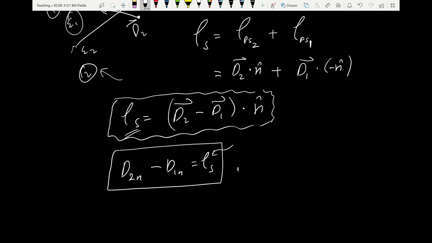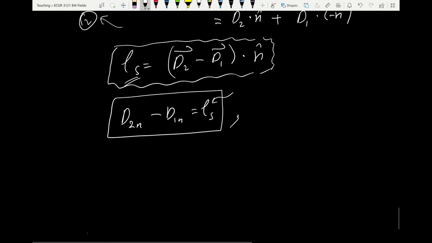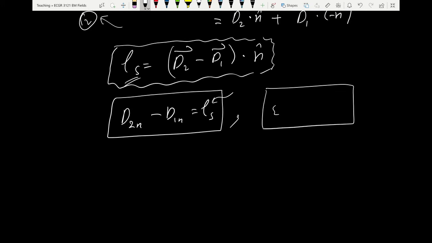So this is the interface condition, and I can write it in terms of the electric field intensity as follows. Instead of d2n, I write epsilon 2 e2n minus epsilon 1 e1n equals rho s. Right. This is the interface condition number 2.